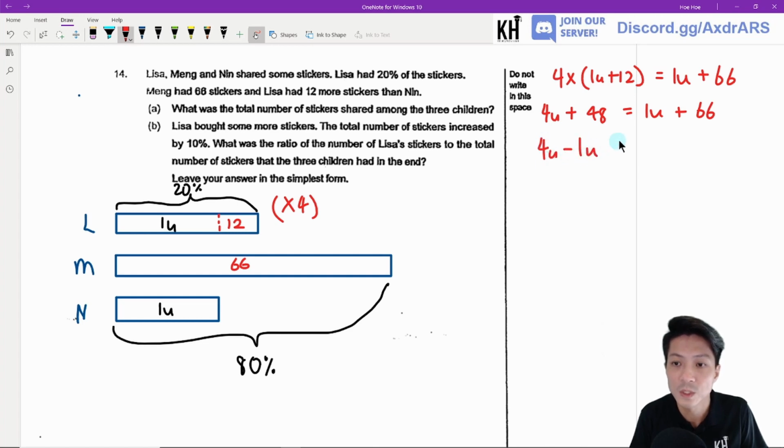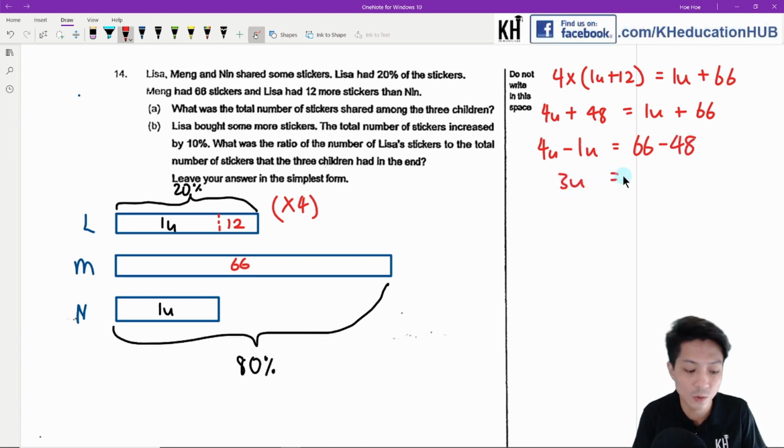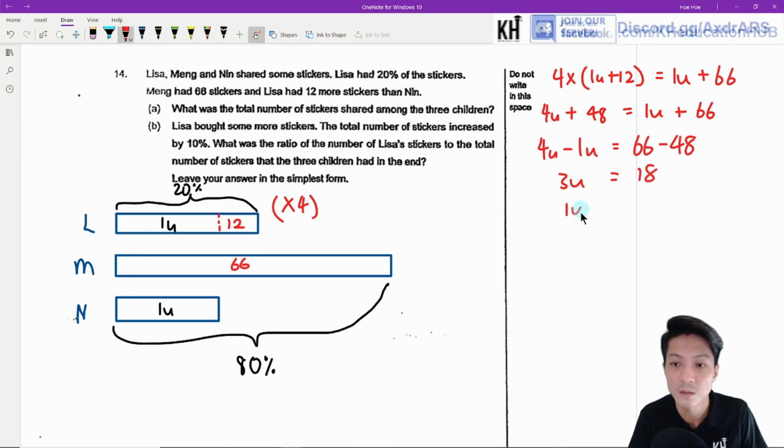4 unit minus 1 unit is equals to 66 minus 48. So I know that 3 unit is equal to 18. Okay, and 1 unit will be equal to 6. Okay, part A wants me to find what was the total number of stickers shared among the 3 children.